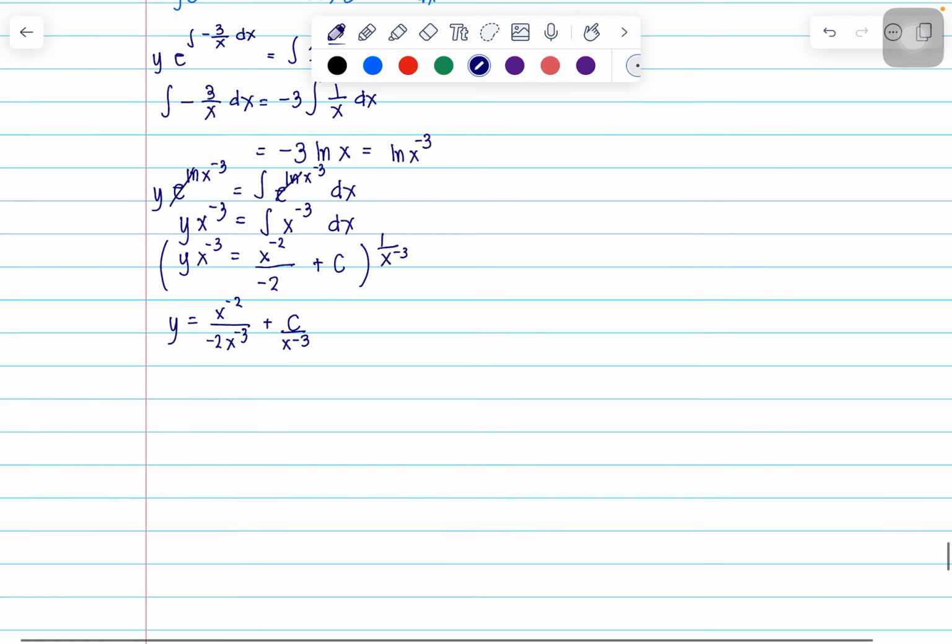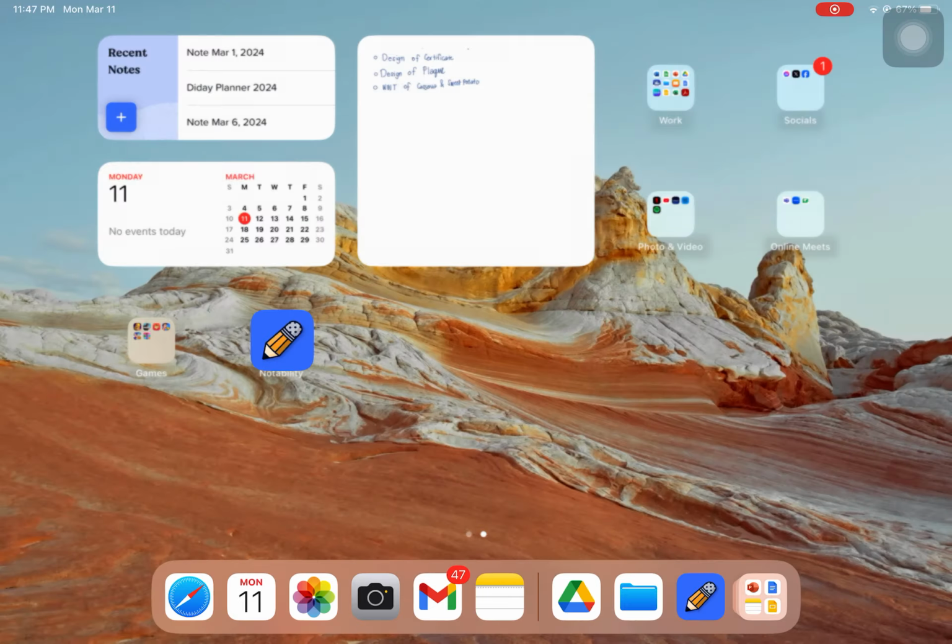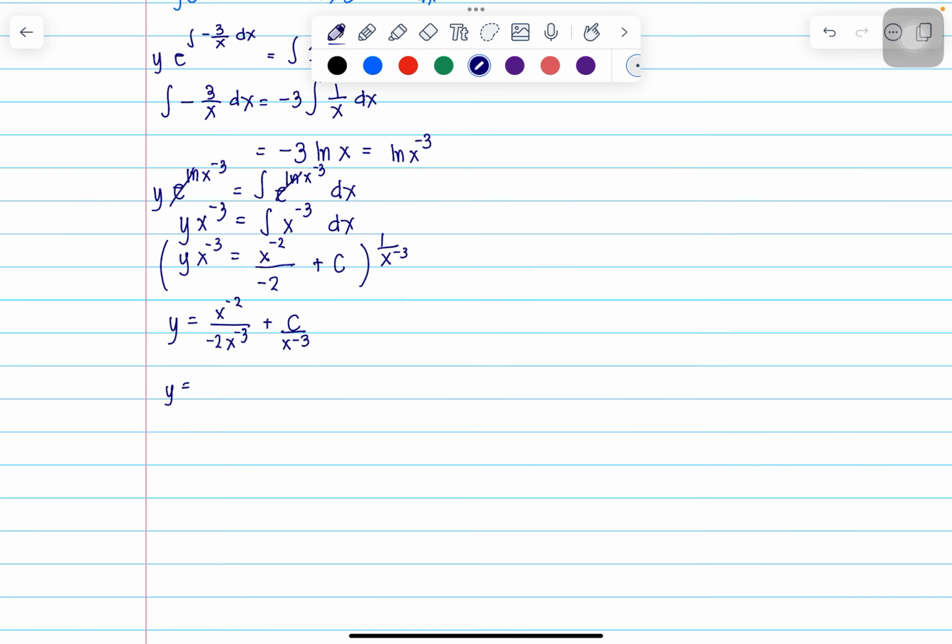Now, by laws of exponents, negative 2 minus negative 3 is negative 2 plus 3, so that is 1. So let's take out the 2 first.